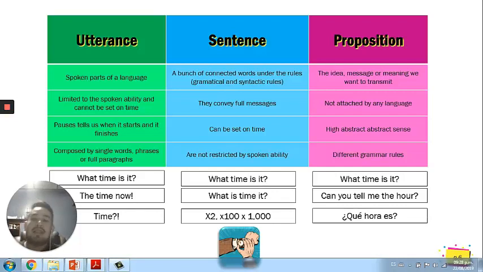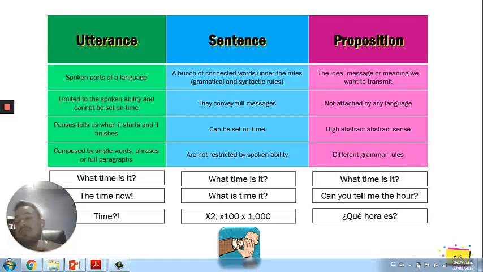And finally, sentences are not restricted by the spoken ability because they can be written, they can be read, and they can be listened to at other times, apart from when they were created. An example of a sentence is, well, what time is it again? I am using what time is it again, and I have written it twice because here an important distinction must be made.